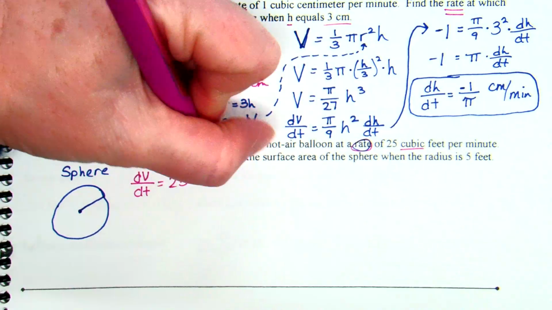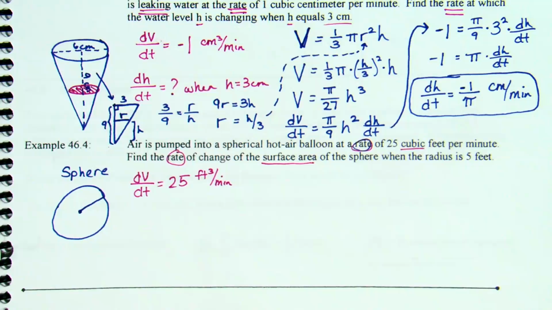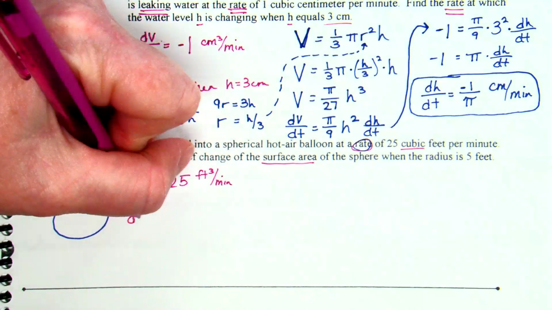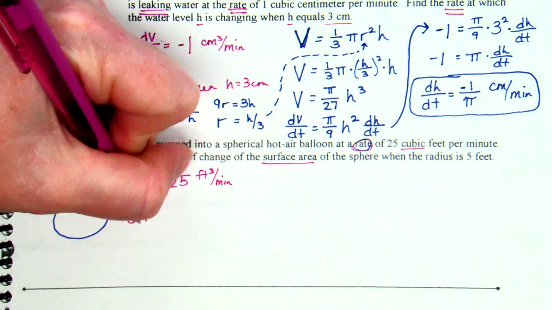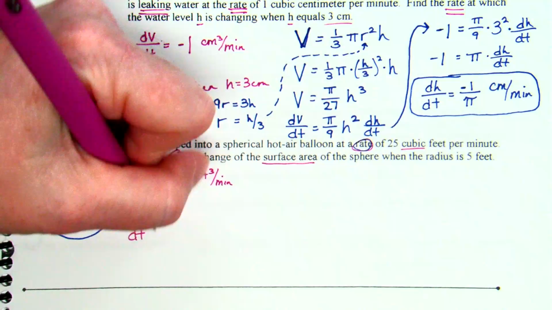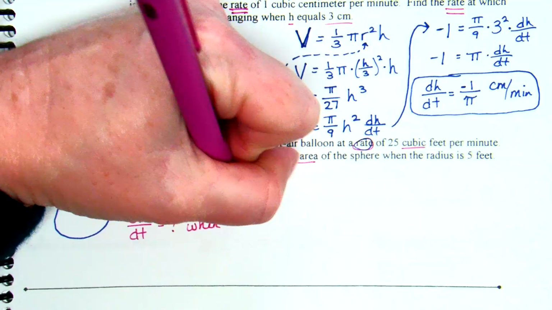Find the rate of change of the surface area. So that means I'm trying to find what? I was going to go dA/dt, just because A is generally area. So we're trying to find dA/dt, the change in the area, when radius equals 5 feet.